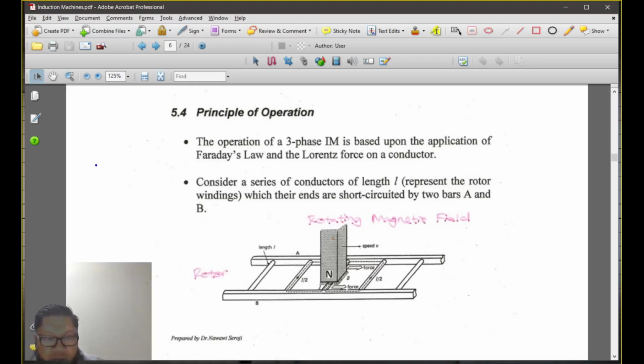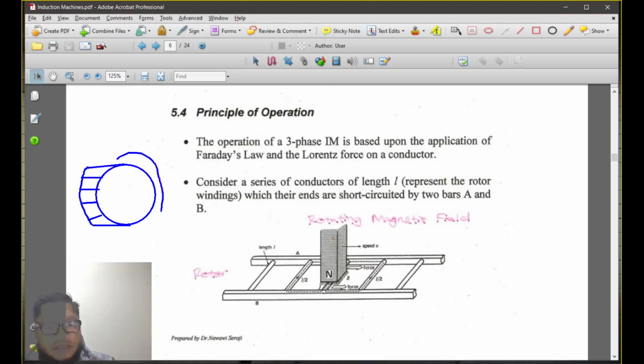Just now we have the rotor, isn't it? Okay, let's quickly draw that. So this is the rotor, and there is a bar connected in between. Okay, so this is a rotor, and we have the rotating magnetic field outside there, isn't it?